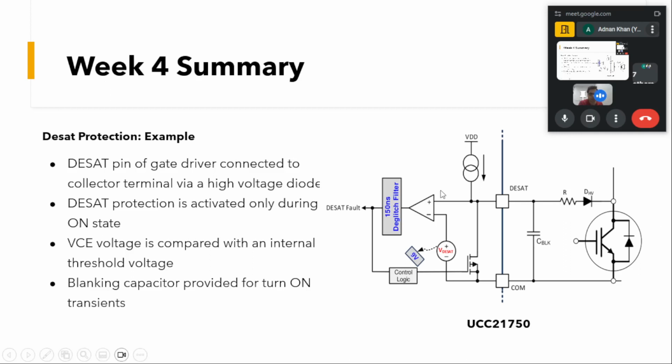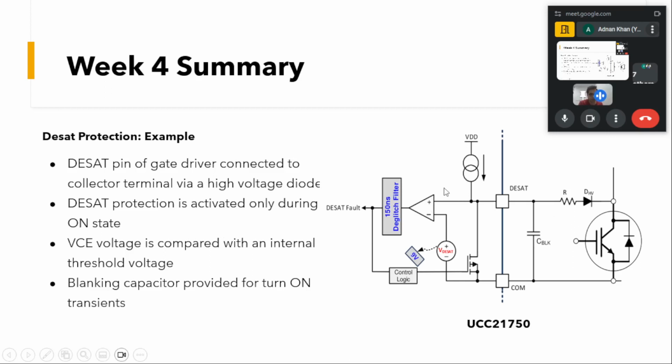Now coming to the DSAT protection, everything to the left of this blue line is inside the gate driver IC. We have a current source inside, like this arrow, that always supplies some current when the device is turned on.